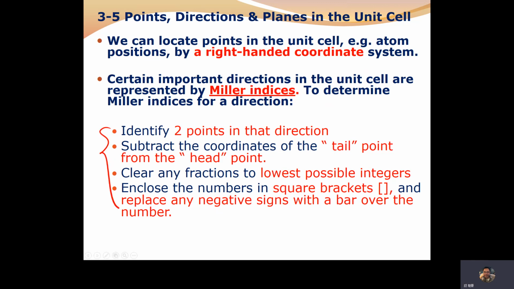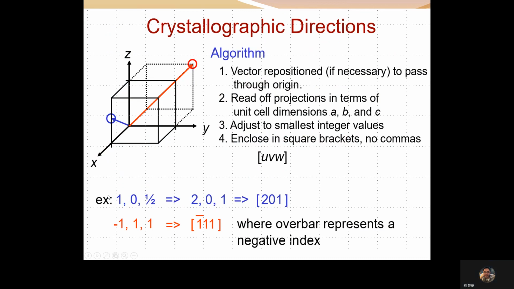Don't ask me why, it's just a definition. We can define the direction and the crystal plane by the Miller indices. Just follow the steps. Basically it's just the concept of vectors, not difficult, just vectors.